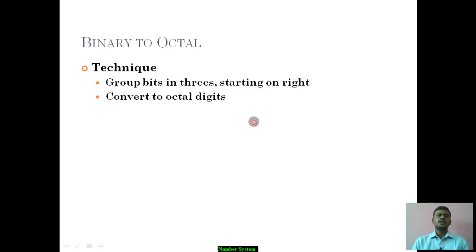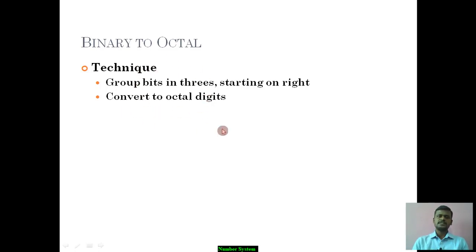This means whatever binary values are given, they need to be grouped into 3 bits, starting from the right end of the binary bits. And the second step is convert to the octal digits. This means whatever groups you have created need to be converted to octal digits.